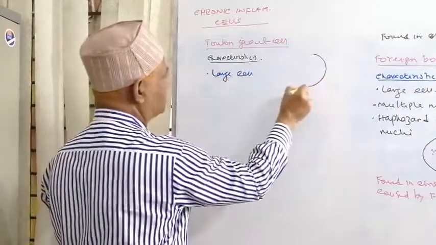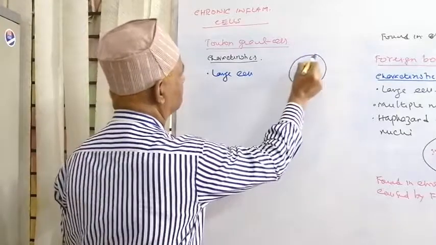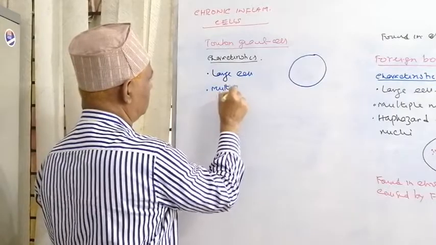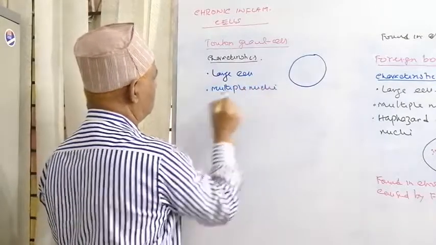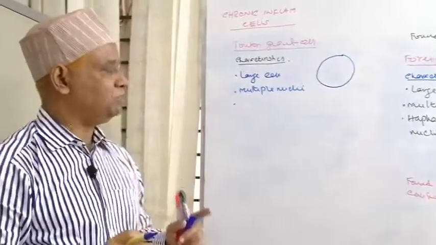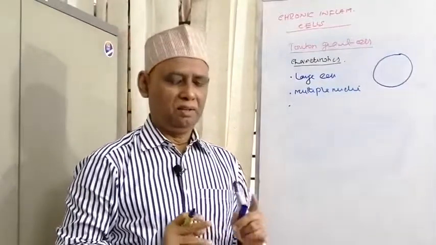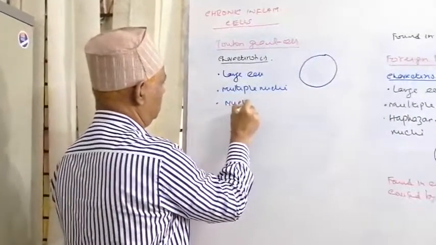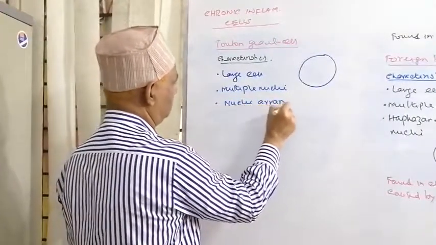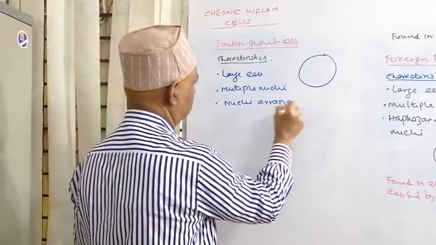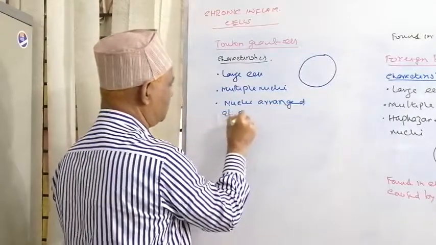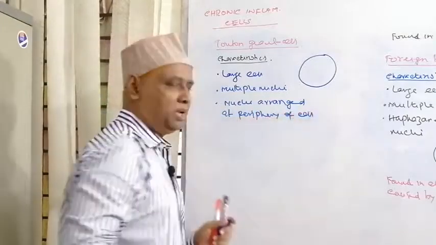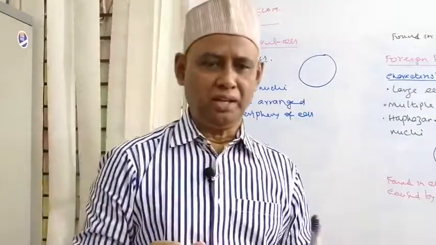The cell is very large, multiple nuclei, and nuclei are arranged at the periphery of the cell like necklace.